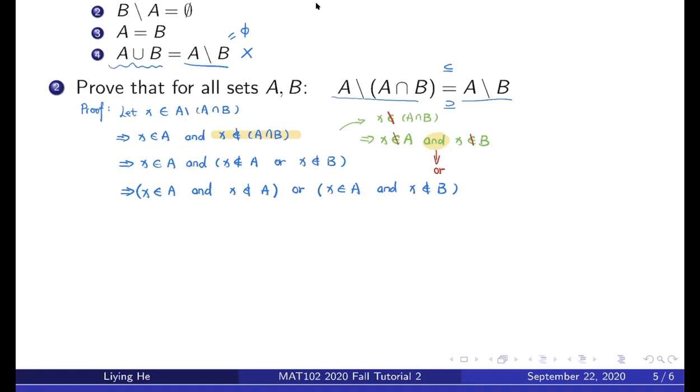Then my next step, if you look at this, what does this give us? I'm saying x is in A and x is not in A. What does that mean? Nothing. Exactly. That means the statement is false. Or you can say it's the empty set. Now, if you're picking from this or this, which one do you pick?